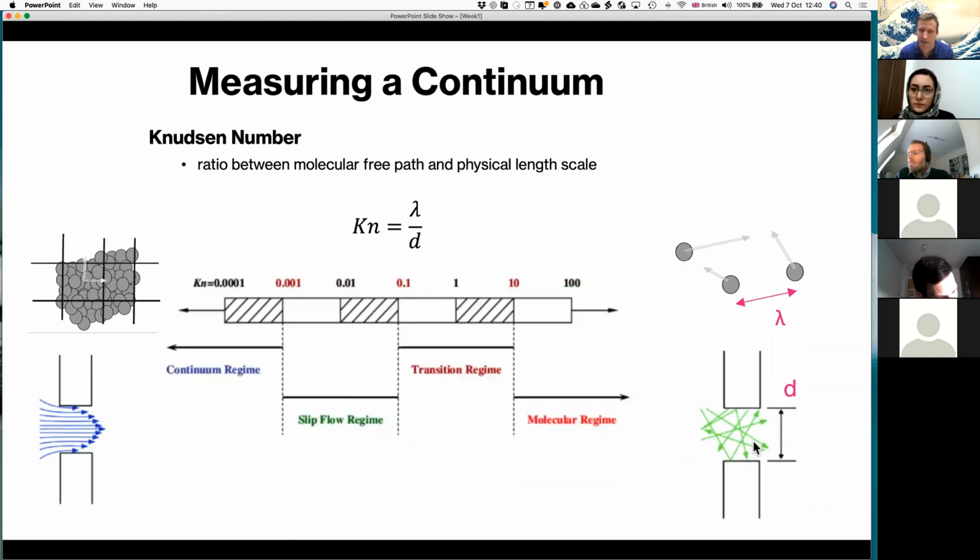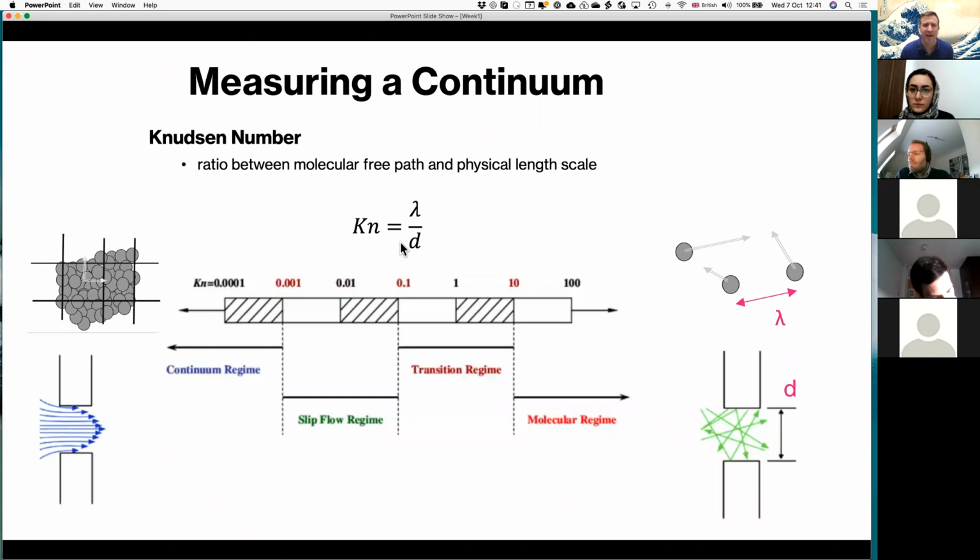In this case, it's the dimension of a gap between two walls. And at the continuum range, where there's many, many molecules all packed together tightly, you can see that essentially the flow acts as a continuum. It passes through this as you would expect in a flow.